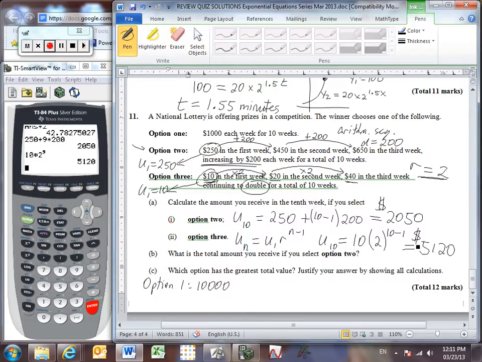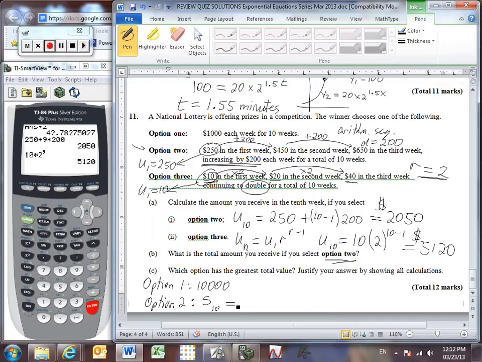Alright, what is the total amount we receive if we use option 2? Option 2 is the one that was the arithmetic sequence. Finally, this is an opportunity for us to use that other arithmetic sum formula, the sum of the first 10 terms.